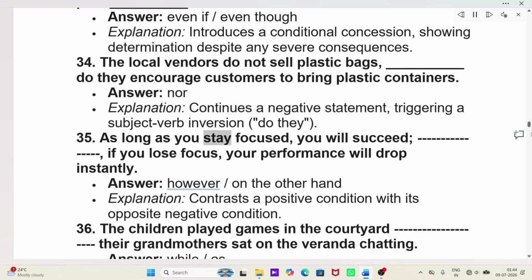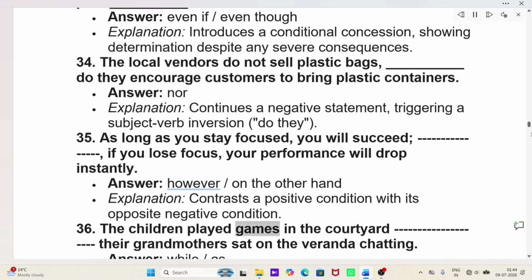As long as you stay focused, you will succeed, ____ if you lose focus, your performance will drop instantly. Answer: however/on the other hand. Explanation: contrasts a positive condition with its opposite negative condition.